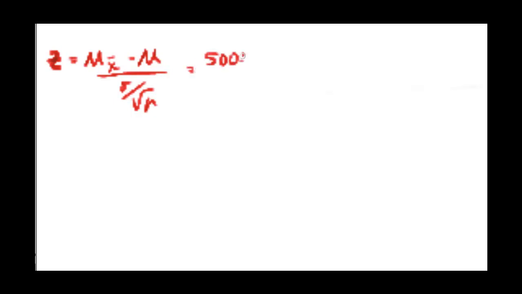So let's look at the z-score method way. If I'm doing z-scores, z is going to equal x bar minus mu over sigma divided by root n. So that's 500.45 minus 500 over 5 divided by square root of 1,000.